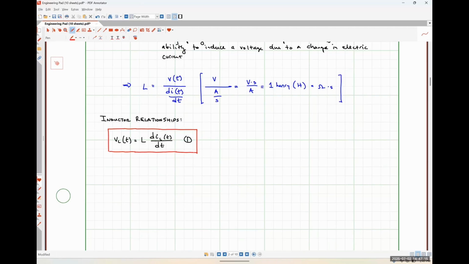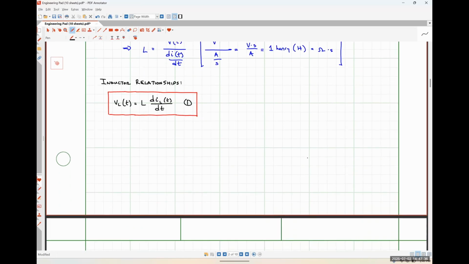So this is the fundamental relationship that is governing the behavior of an inductance. And we can look at this relationship and make some observations about how it is going to behave in some specific situations. Okay. So I'm going to draw a little picture here.